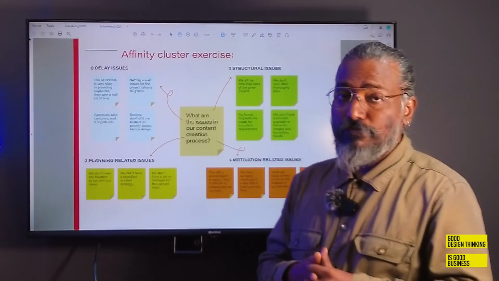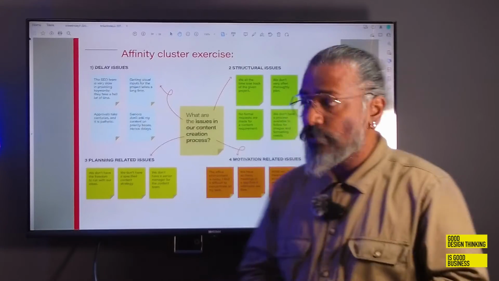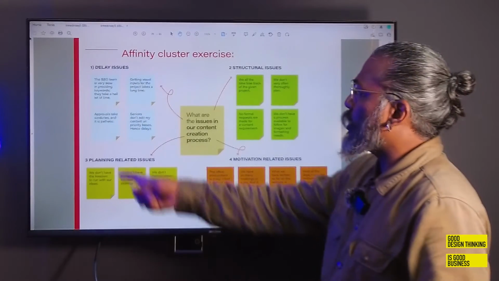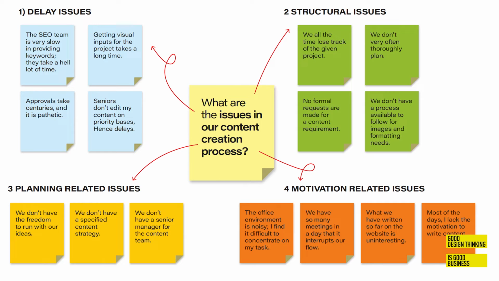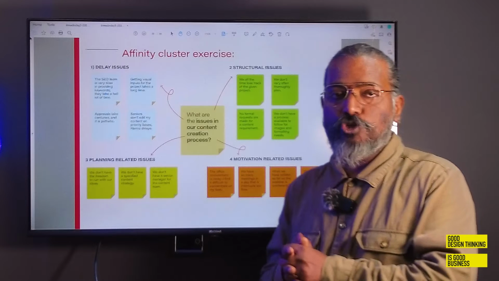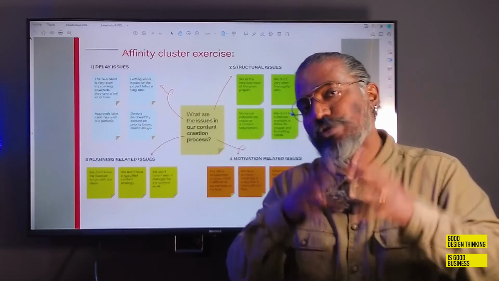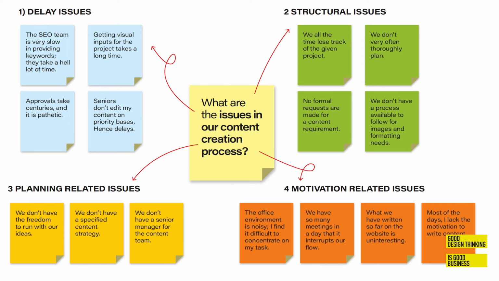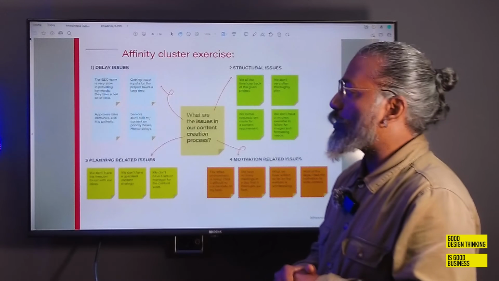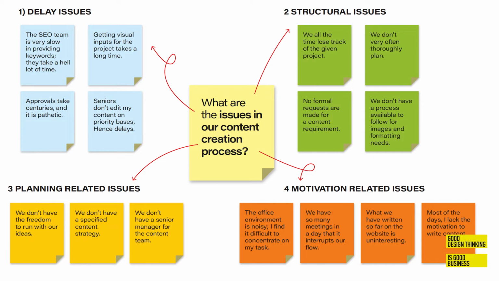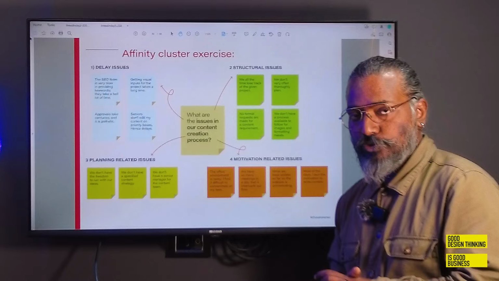And of course, we had 16 problems, but if you look at it, majorly we have only 4 problems because we used the Affinity Cluster tool. So we were able to streamline, we were able to see the broader worries or issues. So what are the broader issues? Delay issues, structural issues, motivation related issues, and planning issues.